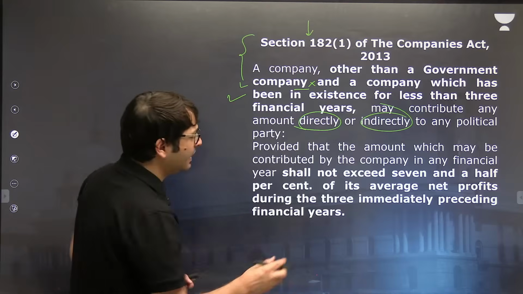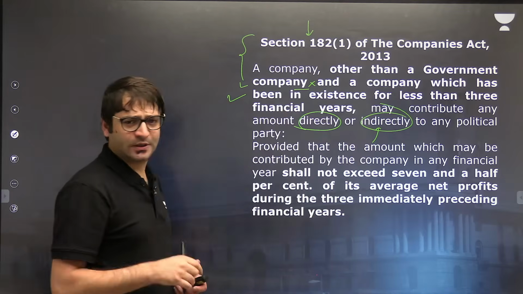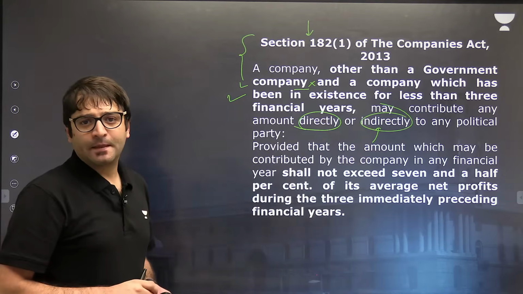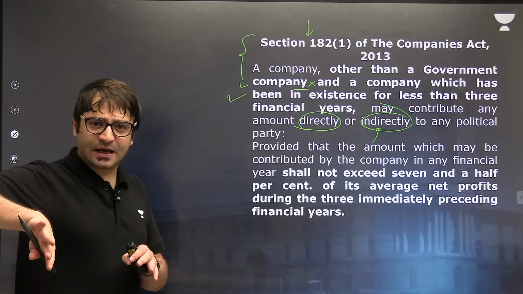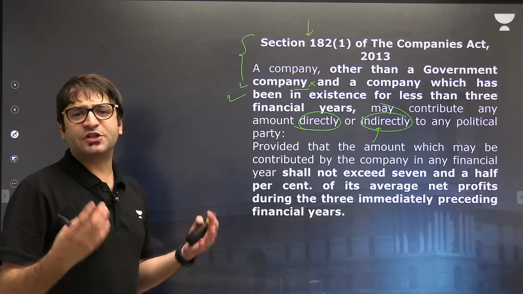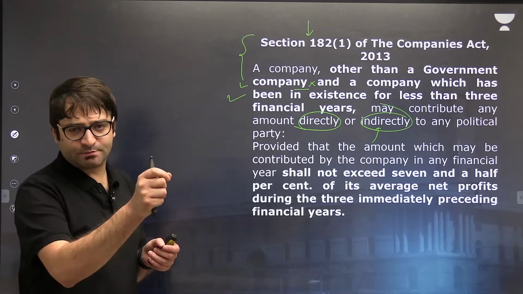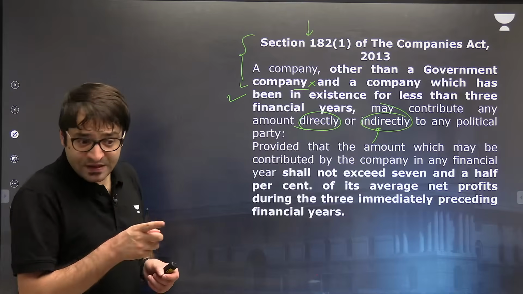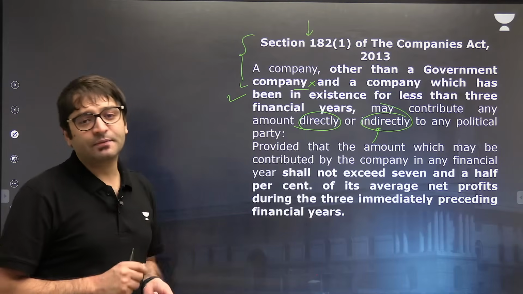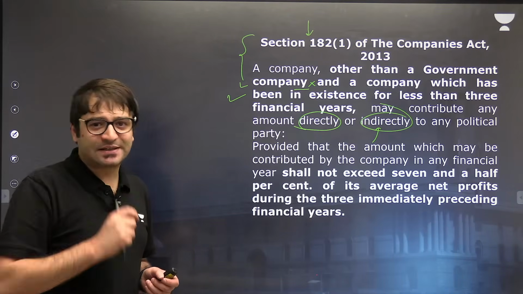I will explain what this indirect contribution is, but bear with me for a minute. A company other than a government company or a company which has been in existence for less than 3 financial years can donate money to a political party, either directly or indirectly. But there was a limit.